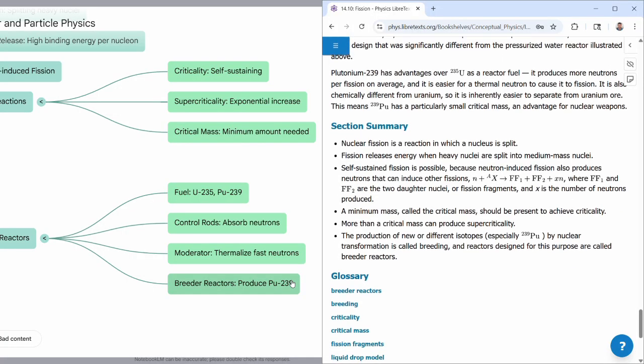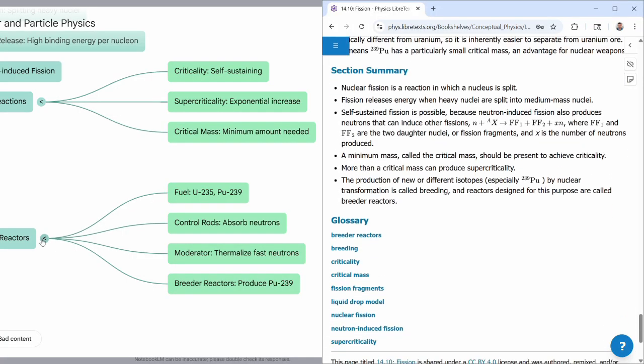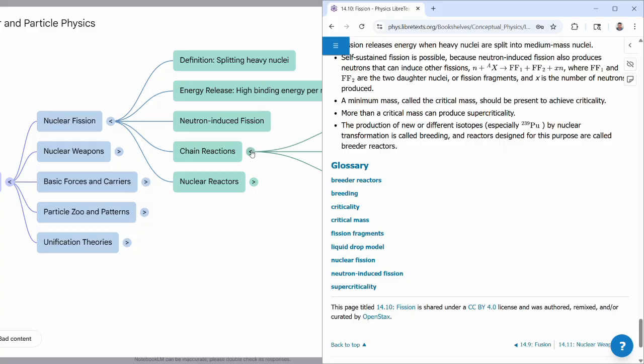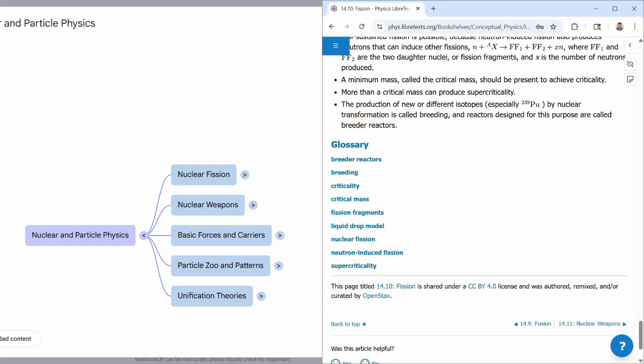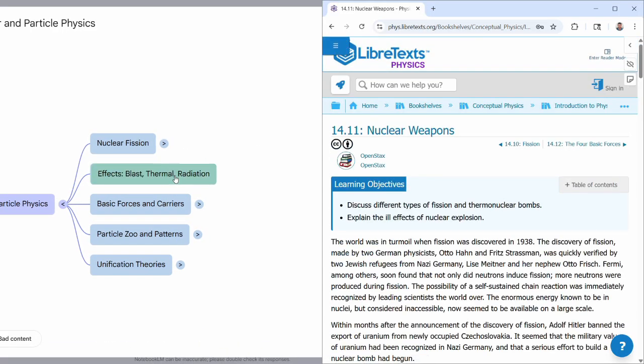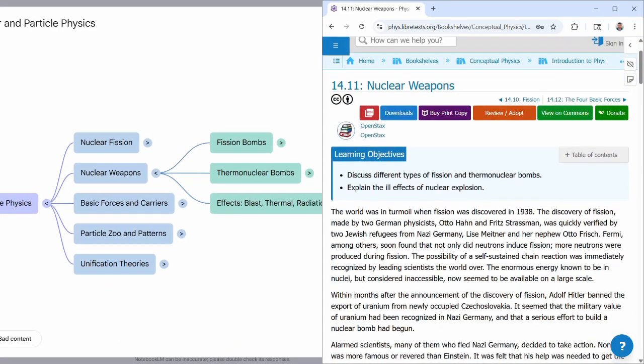I don't think I talk about that. Again, all of that is optional. There isn't really a homework question, so you can read section 14.10 and section 14.11, which covers nuclear weapons.